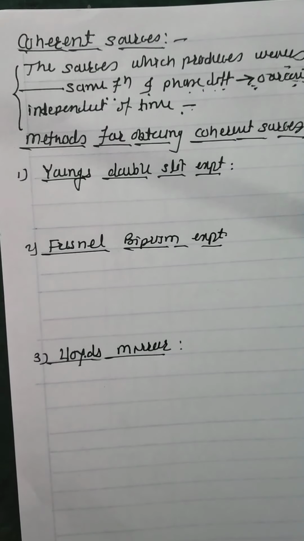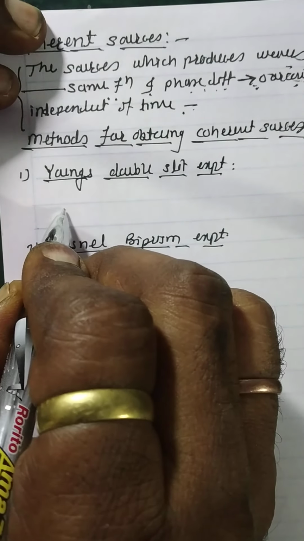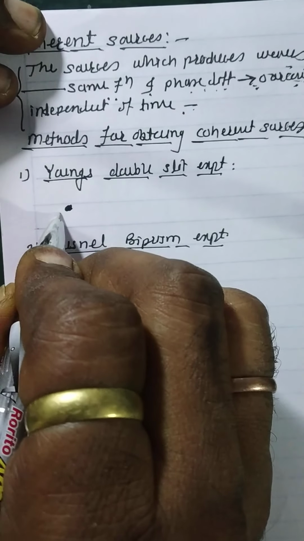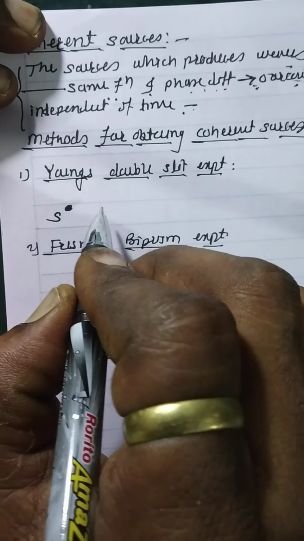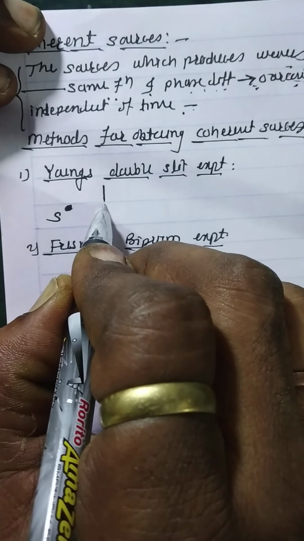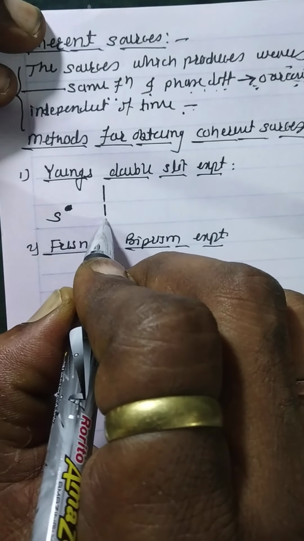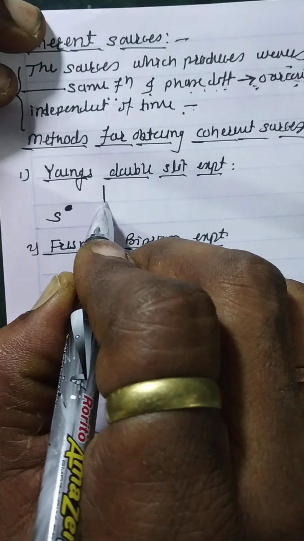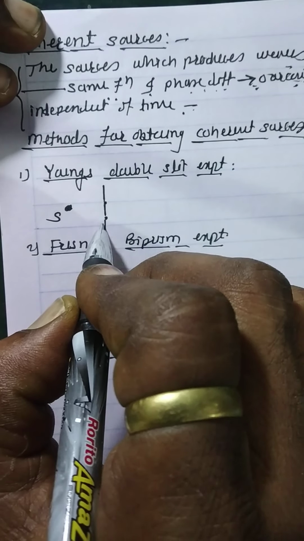In this experiment, two coherent sources are obtained by making light from a single source. Suppose this one is a single source. Then a slit having two pinholes is kept in front of it.